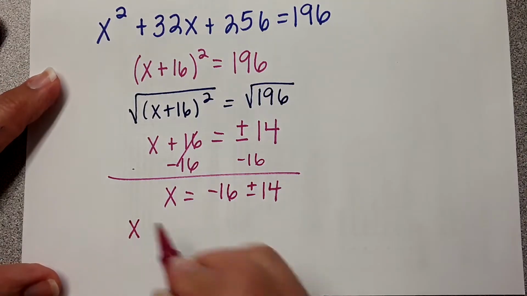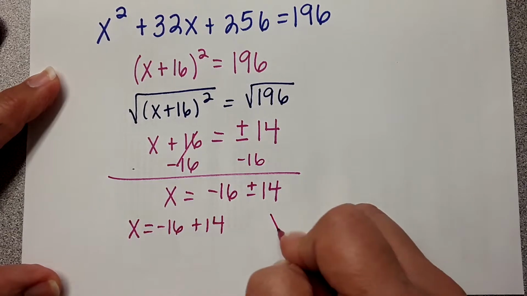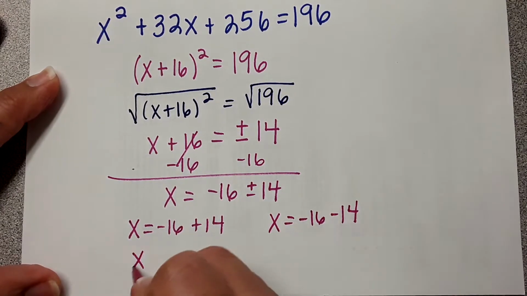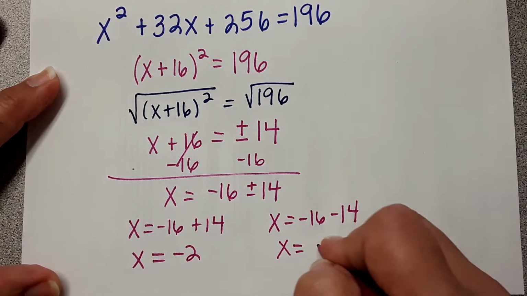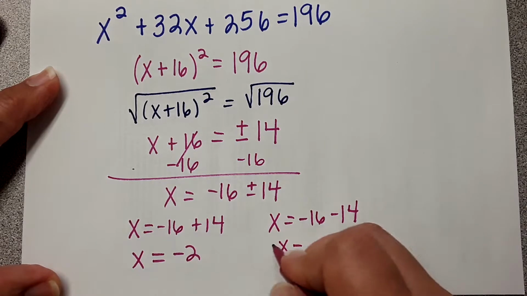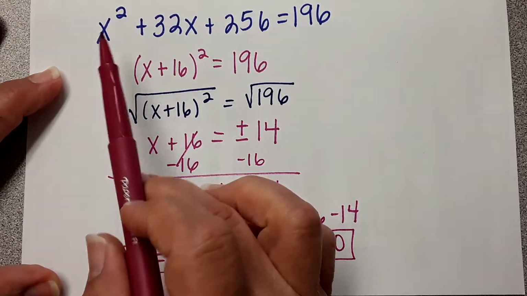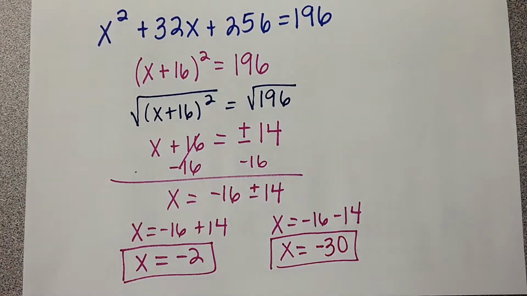You get x equals negative 16 plus 14, x equals negative 16 minus 14, so x equals negative 2, x equals negative 30. Remember, you have two answers because your equation is a quadratic equation, which means you have two roots. It means that this is where that parabola is going to cross the x-axis.